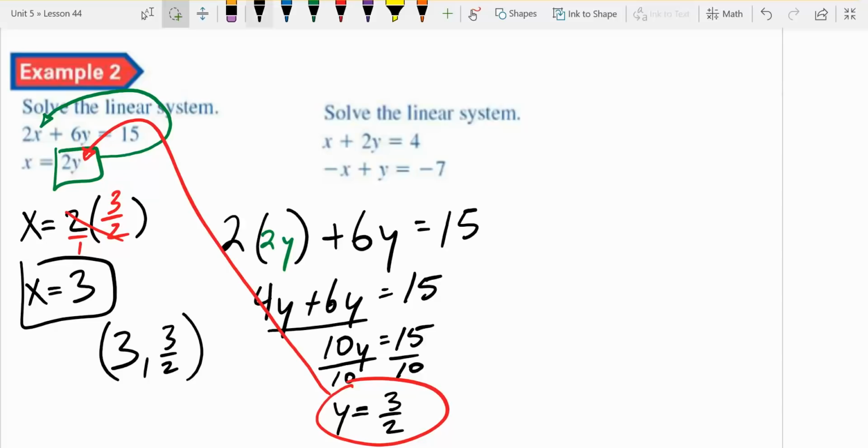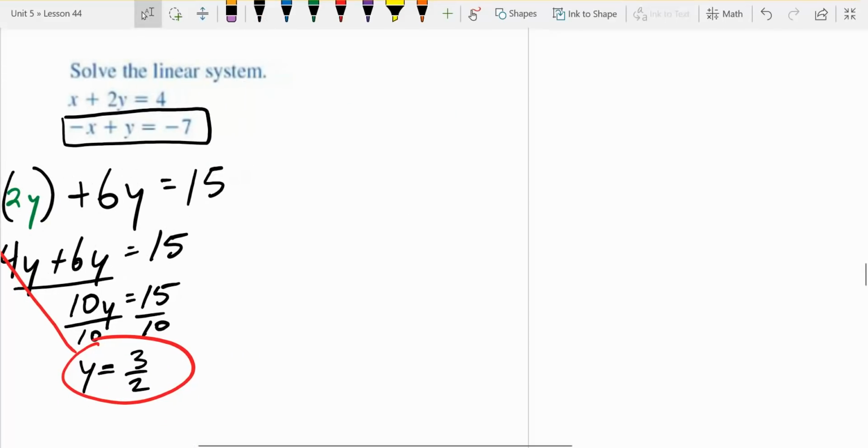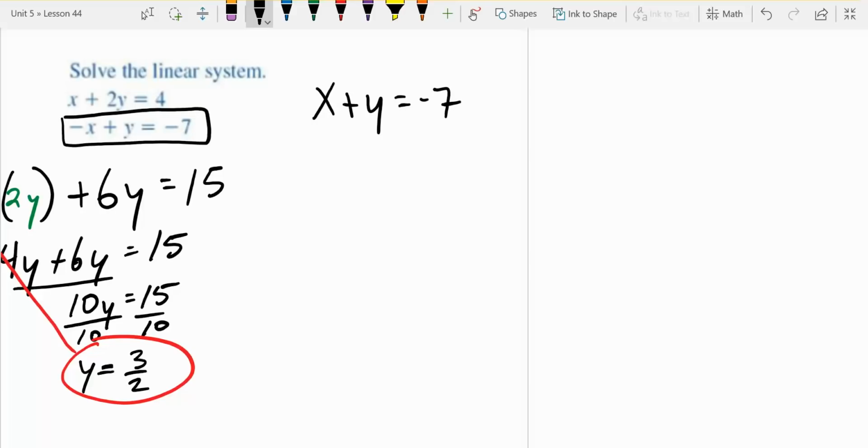Our next equation, well, we can take this bottom equation and solve it. It's negative x plus y equals negative 7. By adding x to both sides, we get y equals x minus 7.